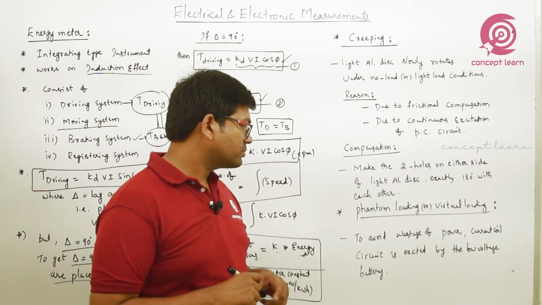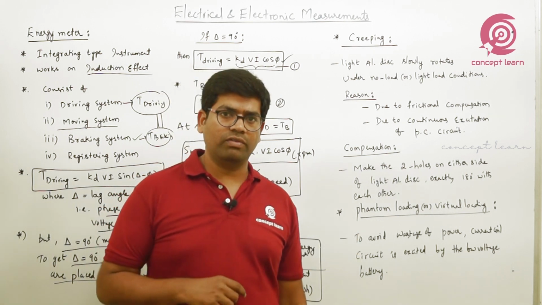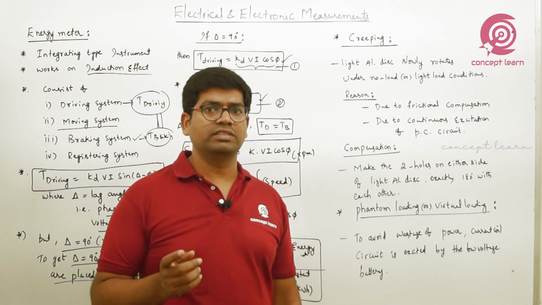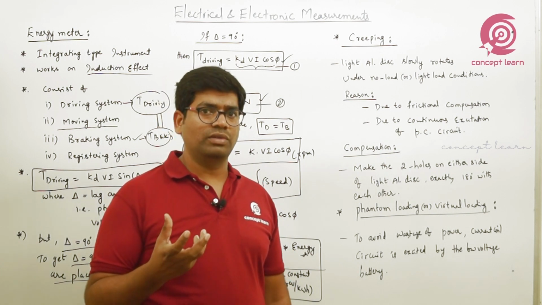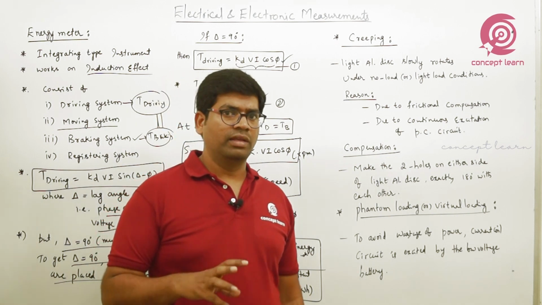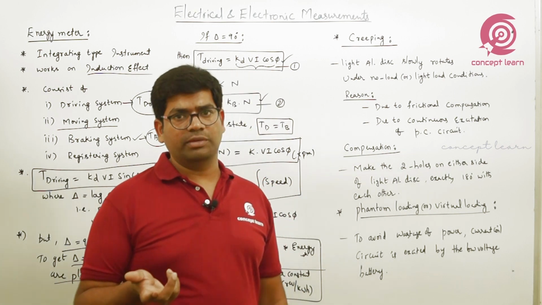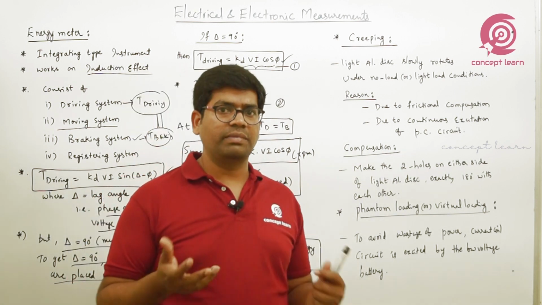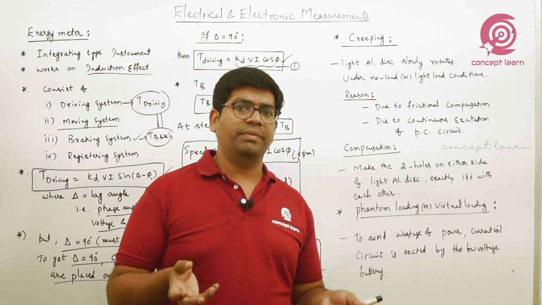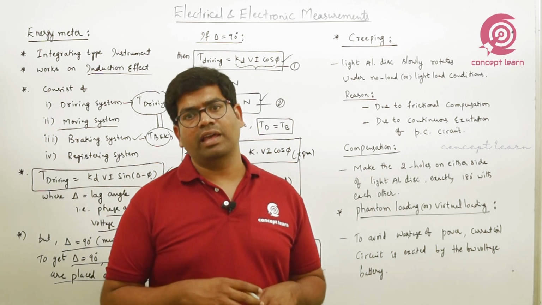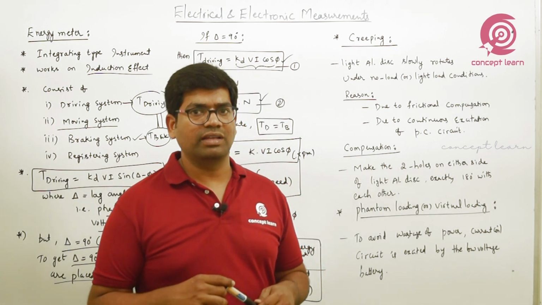In this way we can compensate the creeping error. What is phantom loading or virtual loading? Another name is fictitious loading. It is a testing method. You can test your watt meter as well as energy meter. After manufacturing, if you test the meter, we can specify what will be the error associated in measuring that particular quantity.